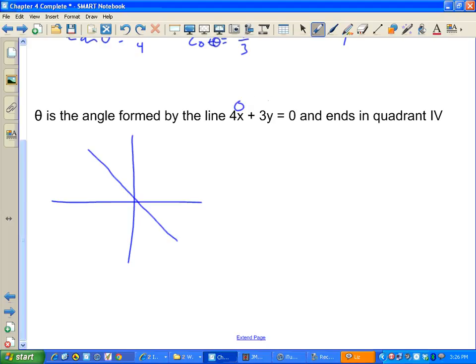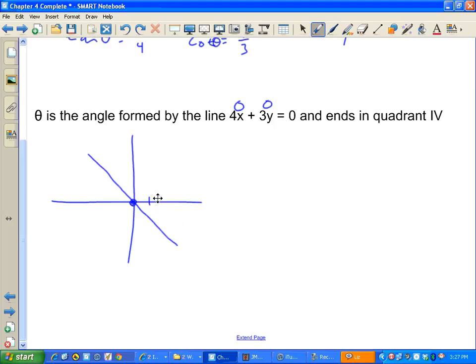Because I know it goes to the origin because I put in the point 0, 0, I get an equation that is true. 0 equals 0, so I know it's going through the origin. And now I just need to find a point that's somewhere in quadrant 4 that's on the line so that I can use it as points to make my line.